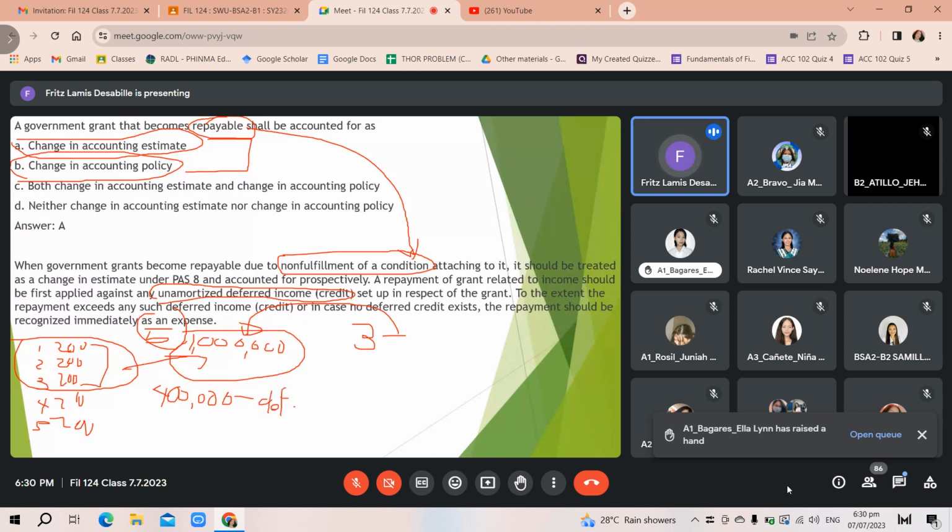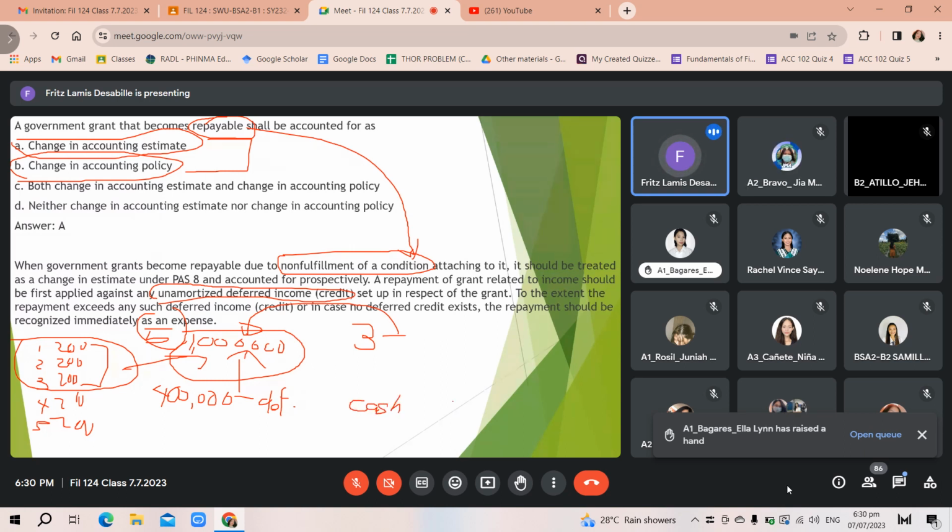Before we recognize the loss, since we have to pay back the 1 million, what we do is apply it first against the deferred grant income balance. So the journal entry goes like this.